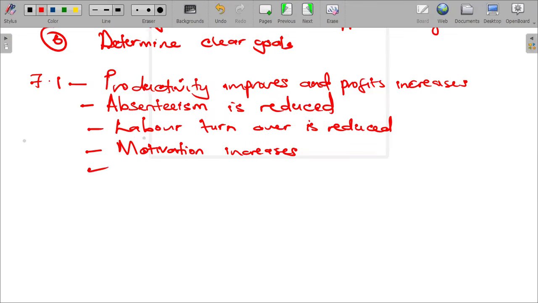And then we can find good interpersonal relationships at work.